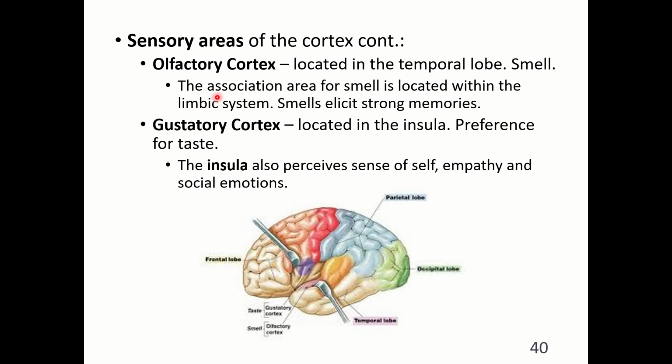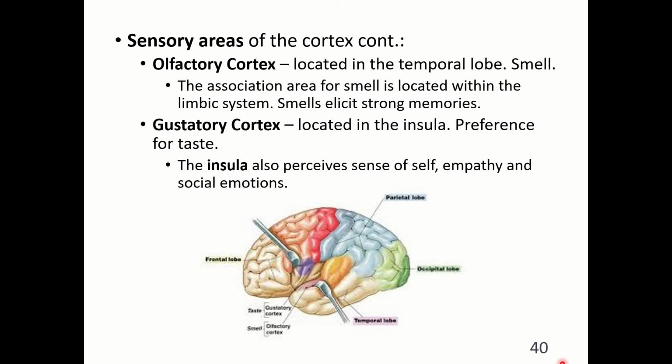The association area for the olfactory cortex is located within the limbic system. The limbic system is our emotional brain, and thus the smell will elicit strong memories and emotions. The limbic system also has the structure called the hippocampus, which is involved in storing long-term memories.